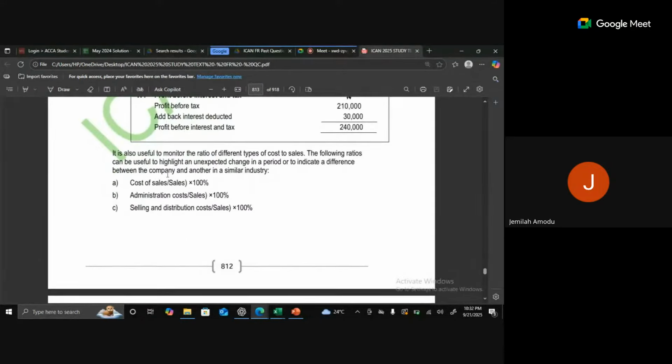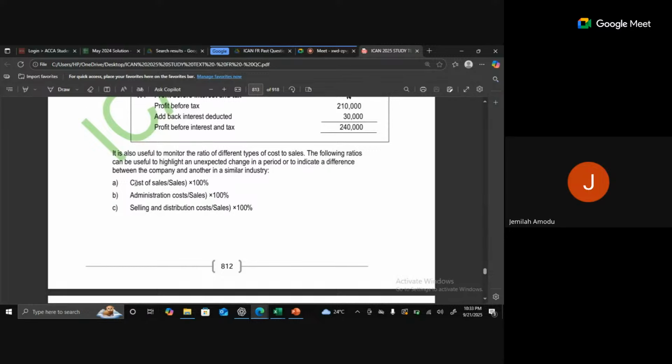They say it is useful to monitor the ratio of different types of costs to sales. The following ratios can be useful to highlight an unexpected change in a period, or to indicate the difference between the company and other companies in similar industries. So this one is just for you to look at your cost of sales to sales.